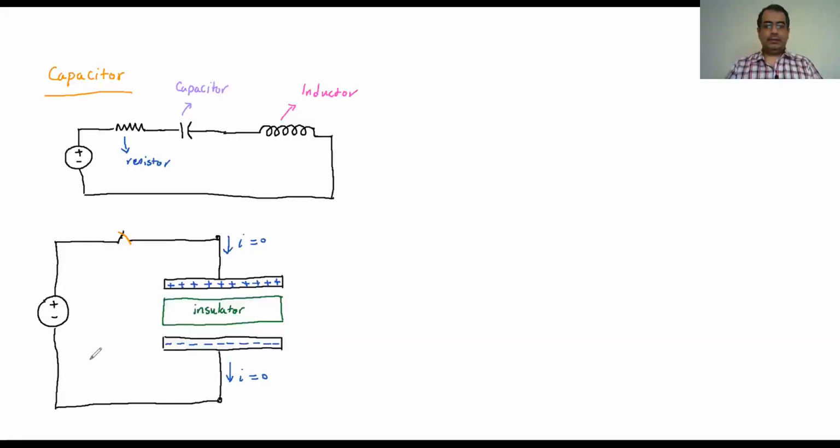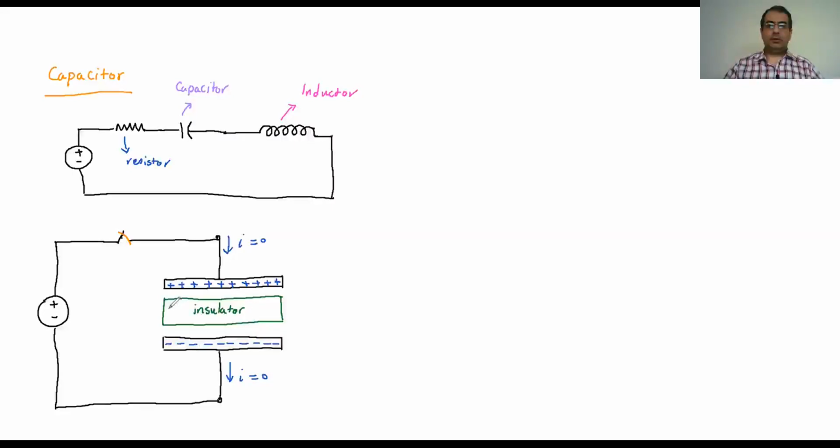And eventually, it doesn't let anything go through. So this capacitor, at the very start when I close the key, doesn't do anything and lets all the current pass through, and eventually starts to behave as an insulator, and then it cuts the current.